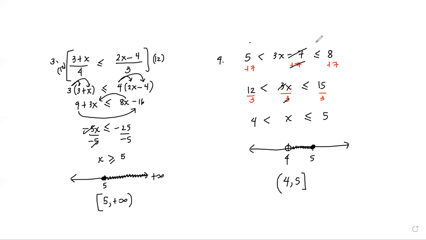And then for our last example, let's consider 3 plus x is less than or equal to 3x plus 1 is less than 7x minus 2. Okay, since all the expressions here contain variables, we can split this into 2. So we have 3 plus x is less than or equal to 3x plus 1.